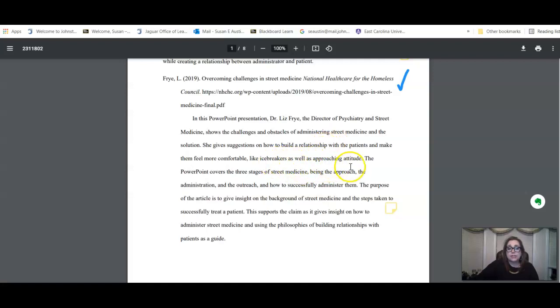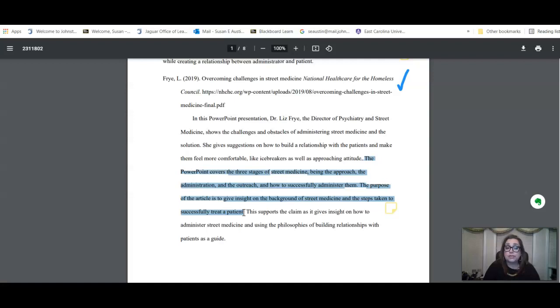Then the student here, and I'm just going to highlight a little bit of this. Around here, this is the analysis, the evaluation of the information in the source. So the student writes, the PowerPoint covers the 3 stages of street medicine, being the approach, the administration, and the outreach, and how to successfully administer them.